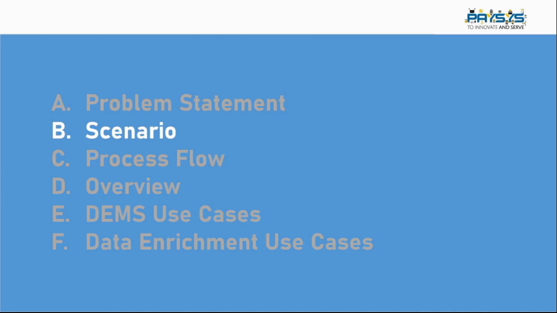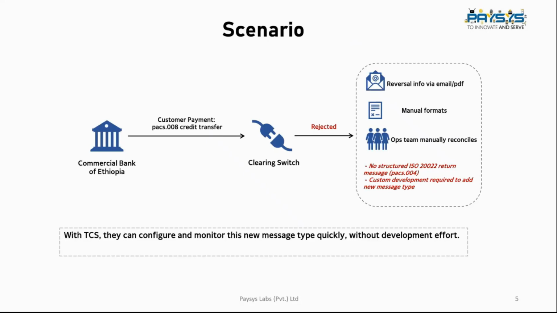All right, so now let's dive into a real world scenario where TCS can be applied. Let's say that Commercial Bank of Ethiopia currently uses ISO 20022 messages, like pacs.008, for example. When payments fail, they often receive reversal information in an unstructured form, such as emails, PDFs, or manual notifications, which requires manual reconciliation.